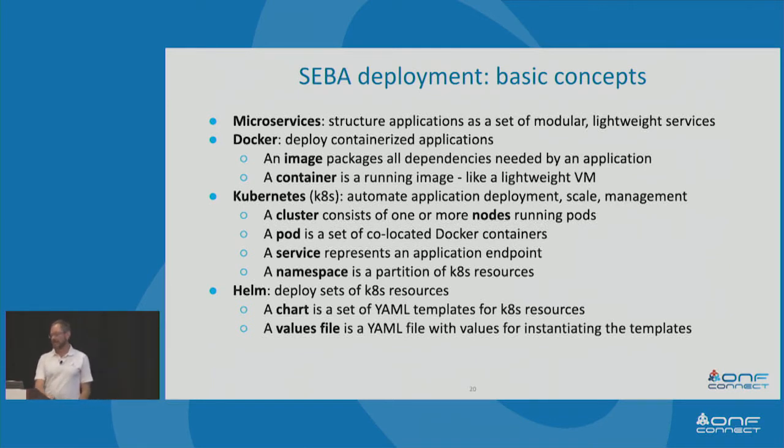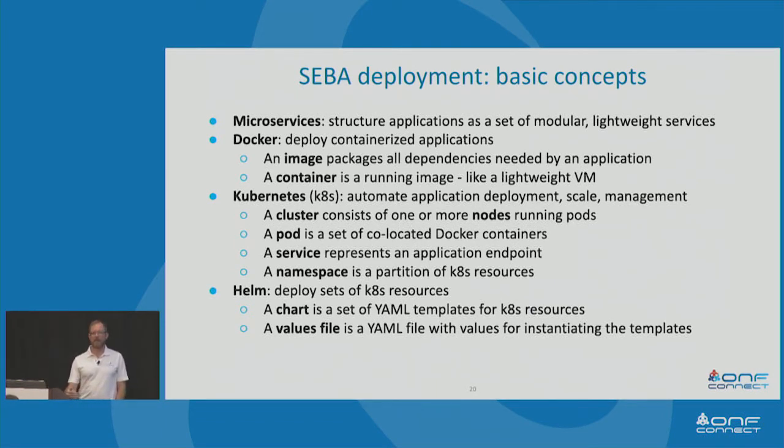Microservice architecture is simply a way to structure applications as a set of services that are modular, so you can swap them out for different ones that meet the same requirements. So SEBA is a collection of microservices running on Kubernetes.